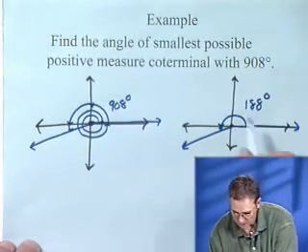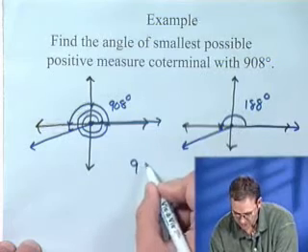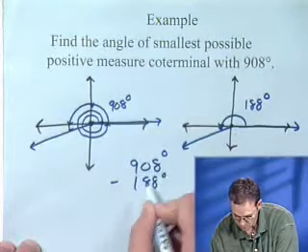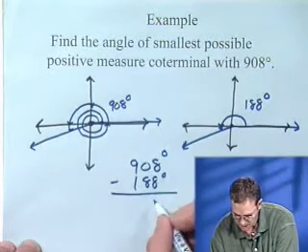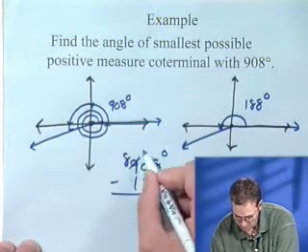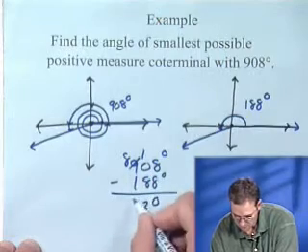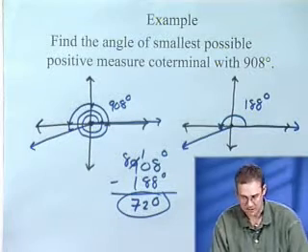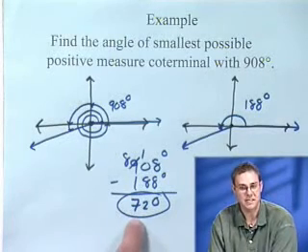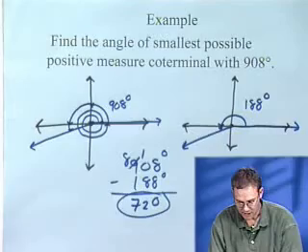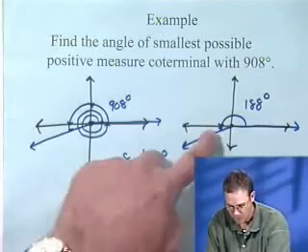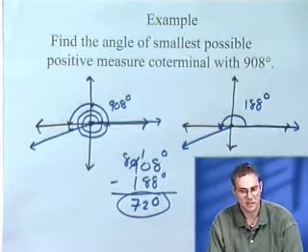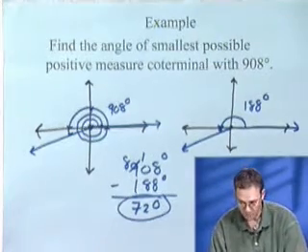Now, let's take a look at the difference between these two angles. Let's see, 8 minus 8 is 0. 10 minus 8 is 2. Notice they differ by 720 degrees. That's two multiples of 360, right? Every coterminal angle will differ, okay, when you have angles that are coterminal, they'll differ by a multiple of 360 degrees. Okay, let's do one more.